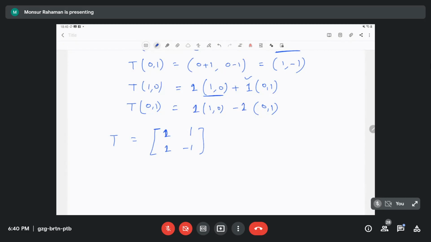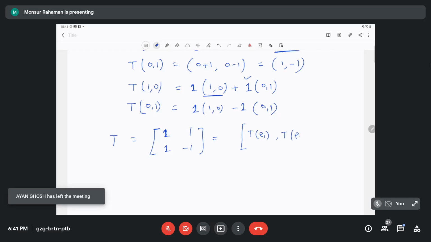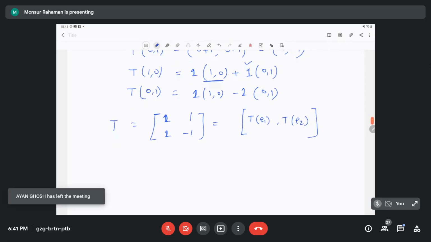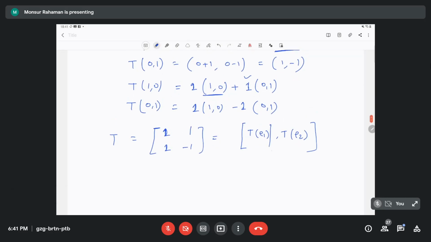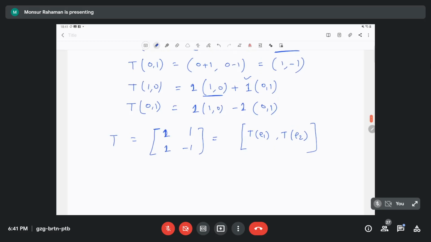First column, second basis vector will give the second column. So you can write also in this way that T with the first basis vector e1, the second basis vector e2. Okay, in terms of e1 e2 means, suppose let's take another basis vector.